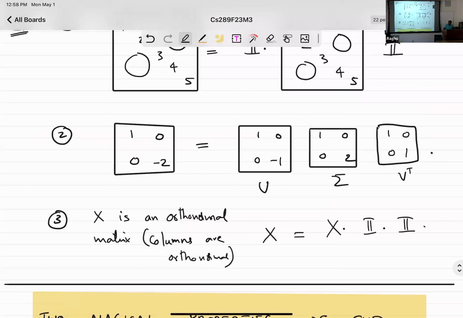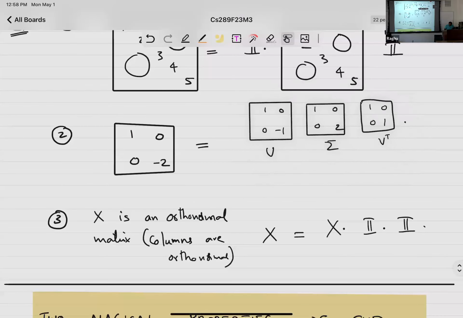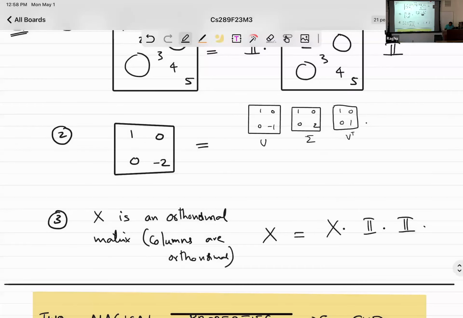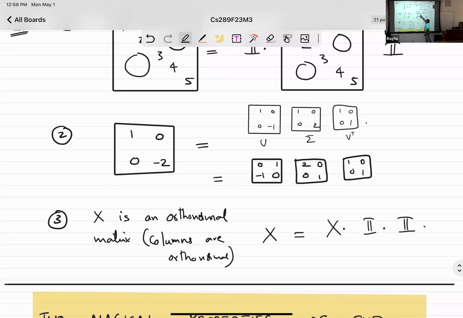So in other words, instead of looking at something like this, I could also write it equivalently as this, with entries 0, minus 1, 1, 0 and 2, 1, 0, 0. So this and this are equal. I'm just permuting the things.